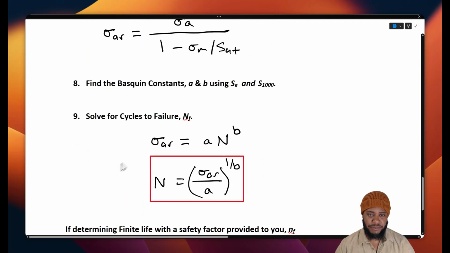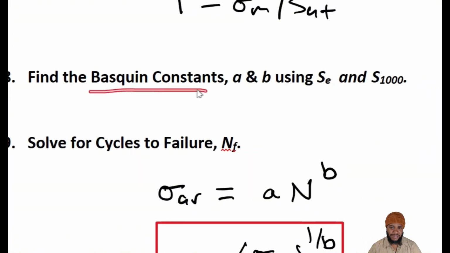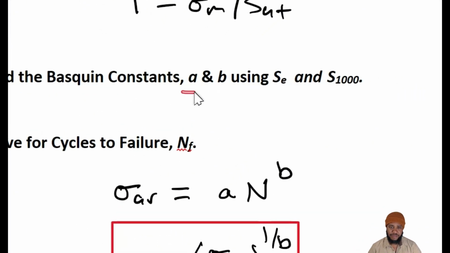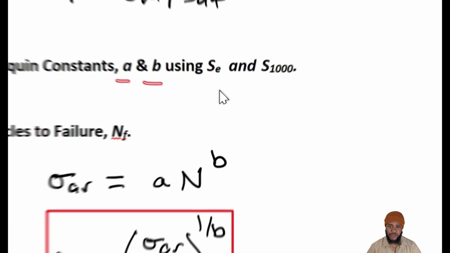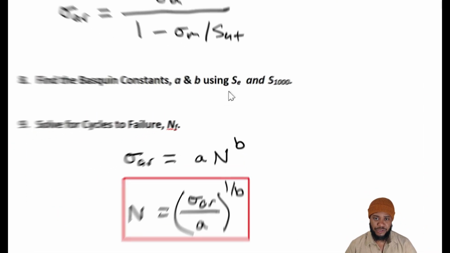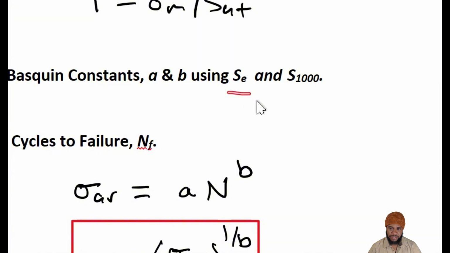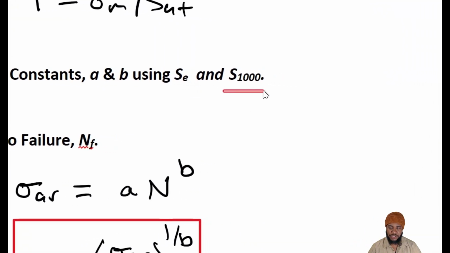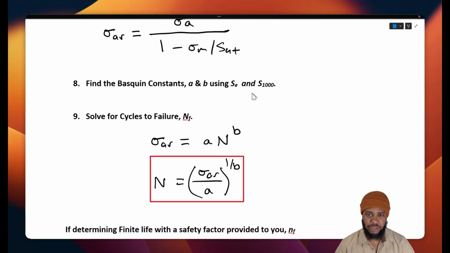The next step is then to find the Basquin constants for our particular geometry. So we need to find the A and the B parameter, which requires us to use our endurance limit, the actual endurance limit of our part, which we found, and the S1000 that we would calculate from that as well.